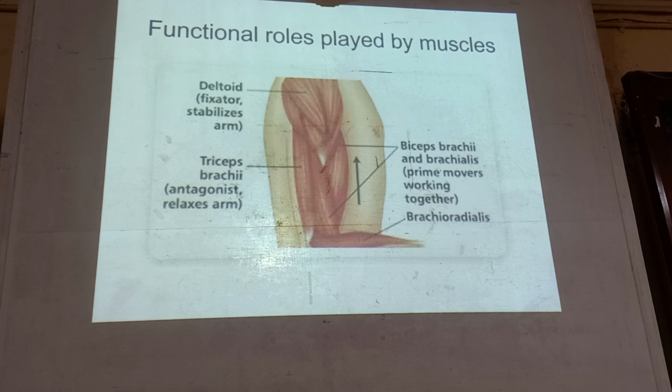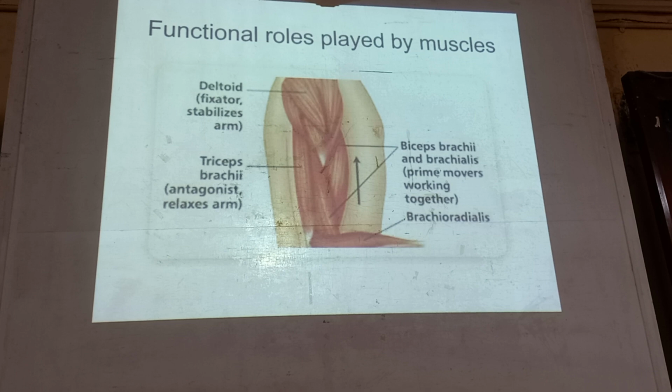Those are fixators. So a group of muscles which stabilize the origin of the prime mover, which stabilizes the proximal joint so that the prime mover can act effectively at a distal joint, is called a fixator. Let me repeat the four roles.